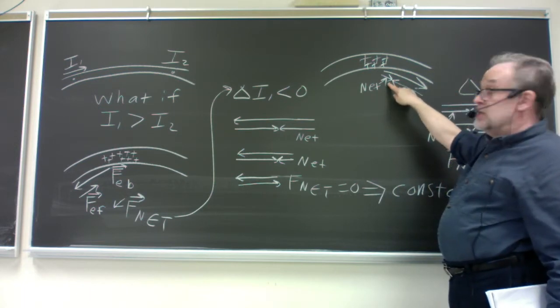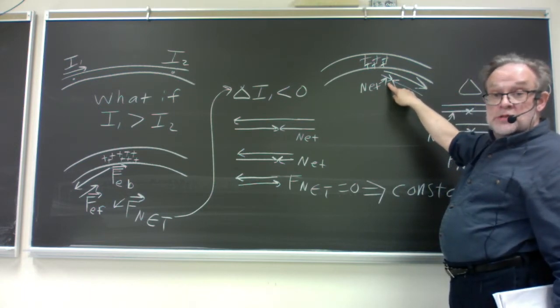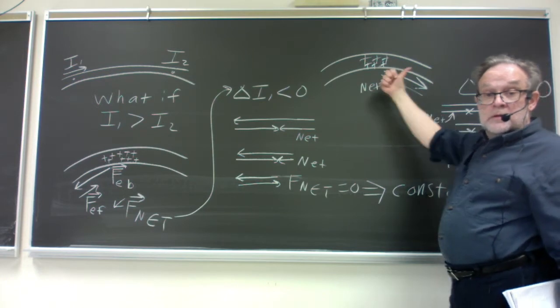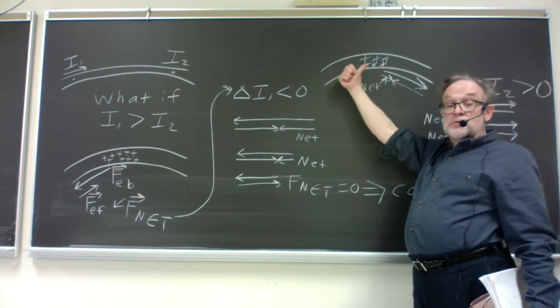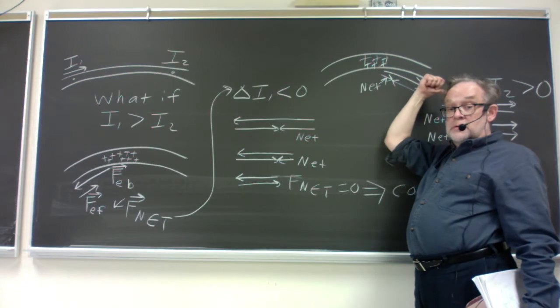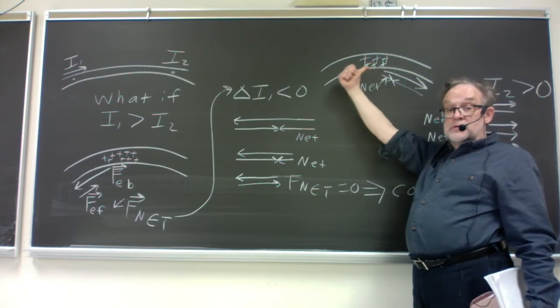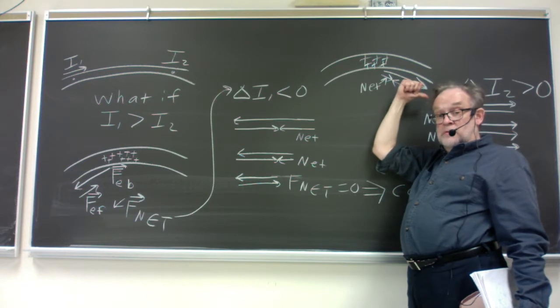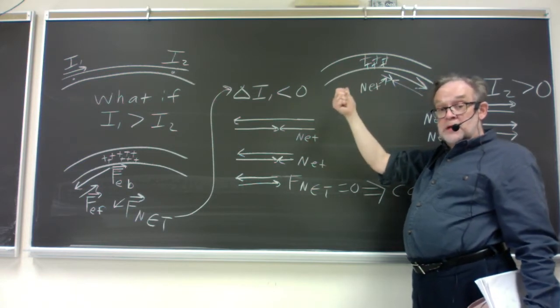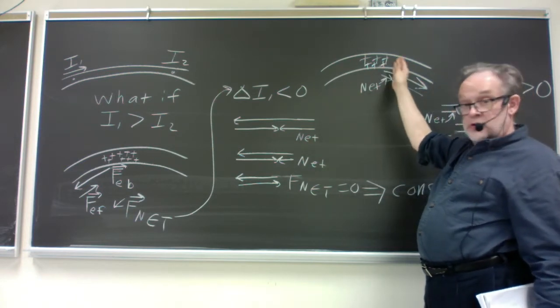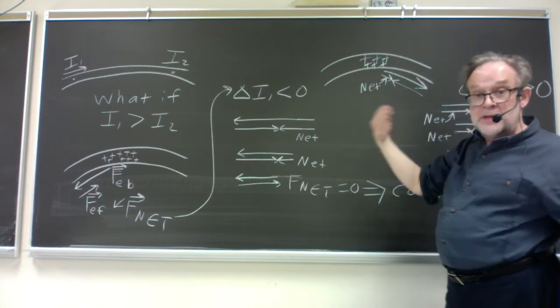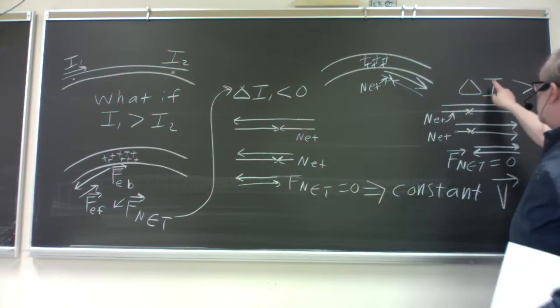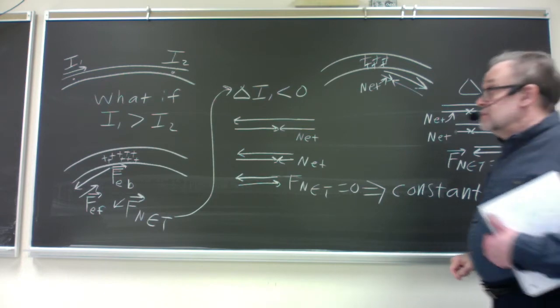So then there's a net positive force on current 2. Current 2 is moving this way, and there's a net force pushing it forward. So that means it's going to speed up. So the rate at which charge passes by this point is going to be increasing. I2 is increasing.